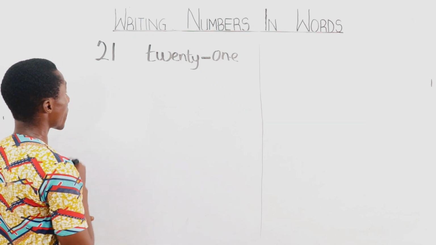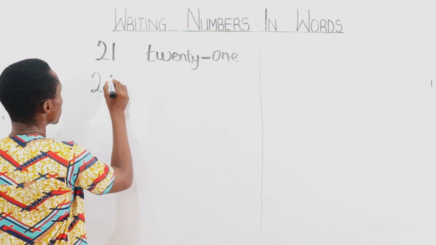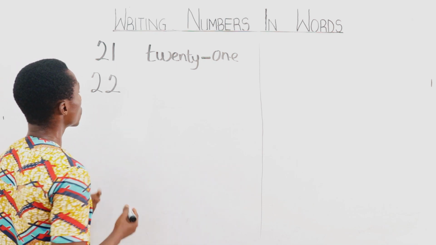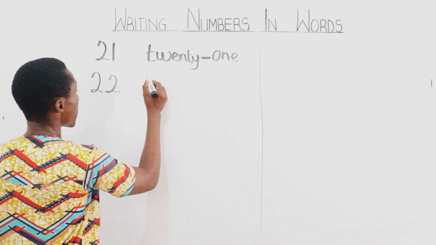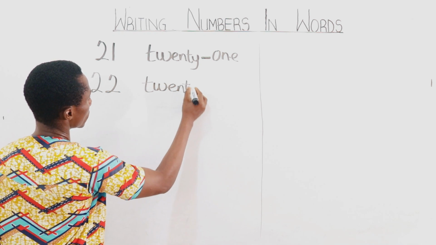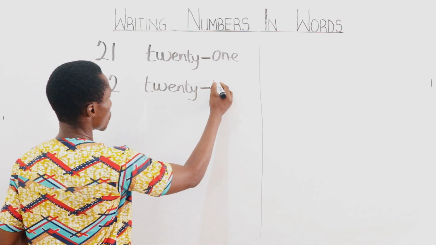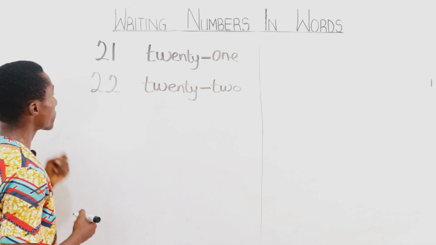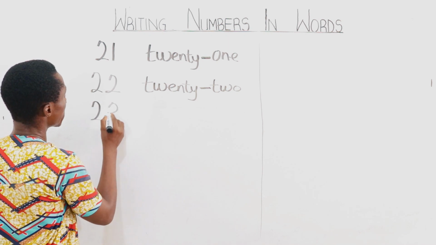The next compound number is the number 22. And we can follow the same way to write 22 in words. We first write 20. We bring our hyphen and then we write 2. The next compound number will be 23.